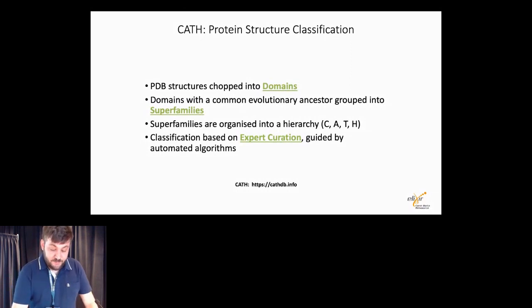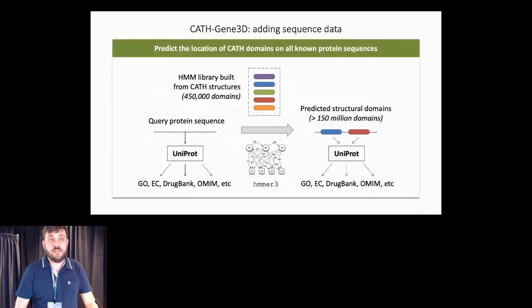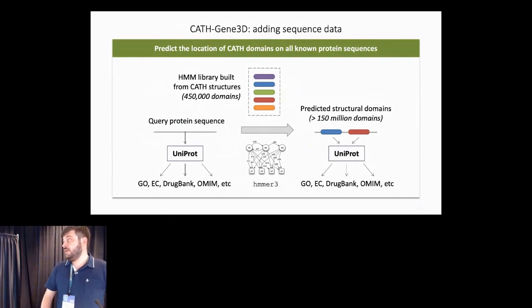This is the structural core of the database, and then we expanded it in our sister resource, which is Gene3D. We encode the evolutionary signal that we find in profiles into HMMs, and we build these HMMs for all these CATH structures.